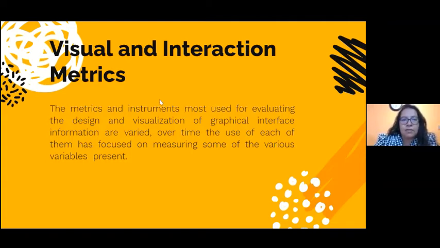Visual and interaction metrics. About the visual interaction metrics, the metrics and instruments most used for evaluating the design and visualization of graphical interface information are varied. Over time, the use of each of them has focused on and measured some of the various variables present.